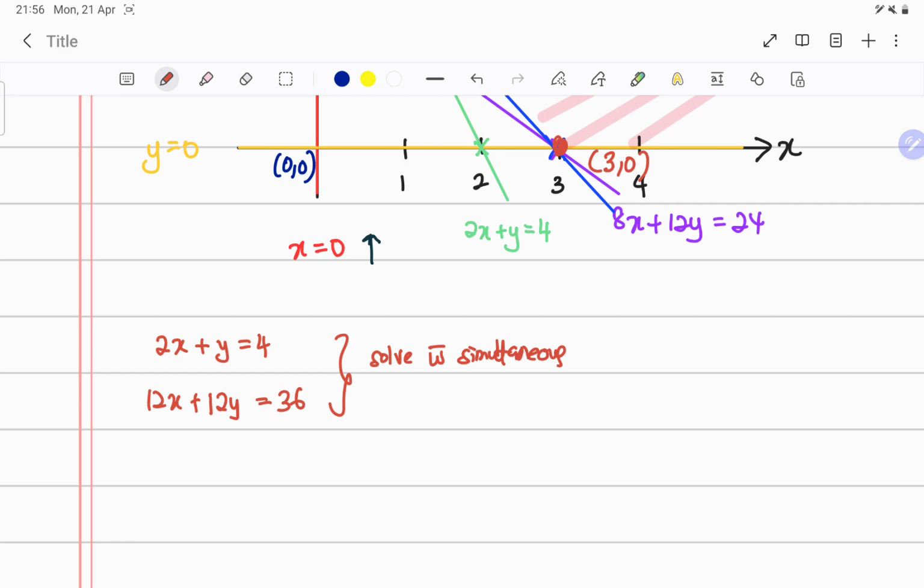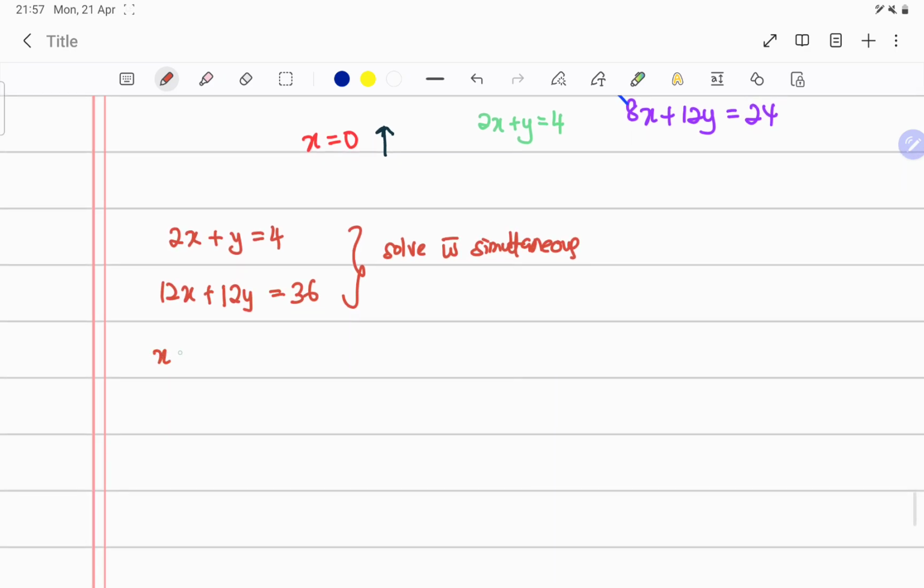So for me, it is efficient now to use the calculator at this particular time, easy for you also. So you solve the two unknowns, putting in 2, 1 and 4, 12, 12 and 36. Here your x will be equal to 1 and y is equal to 2.